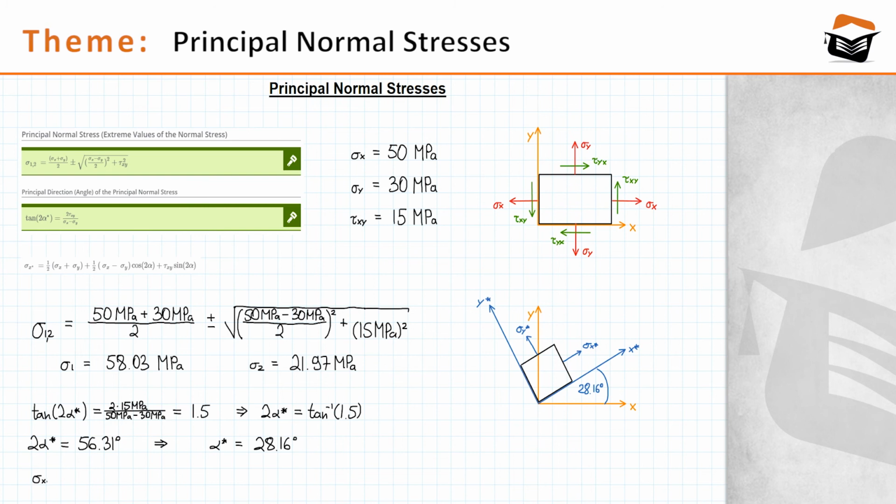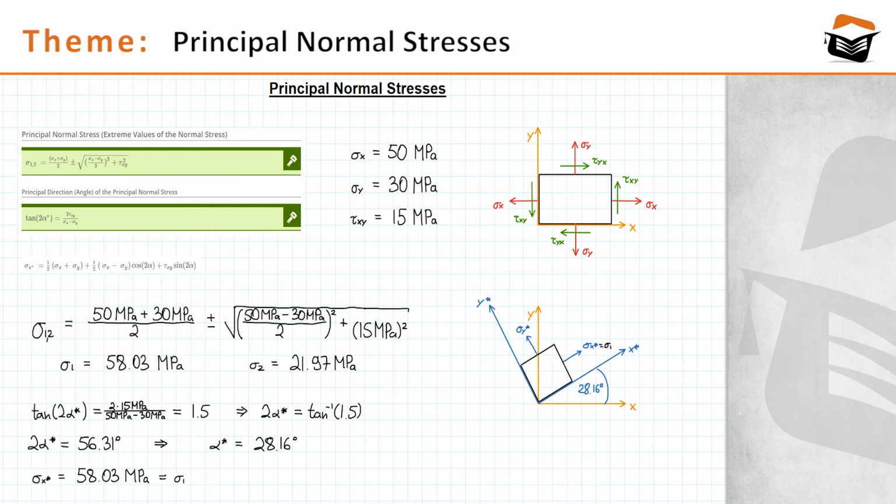Sigma x star. I will not do the math. I'm gonna write down the value right away. It's equal to 58.03 megapascal. And as you can see, sigma x star is therefore equivalent to sigma 1. So you could set them equal.